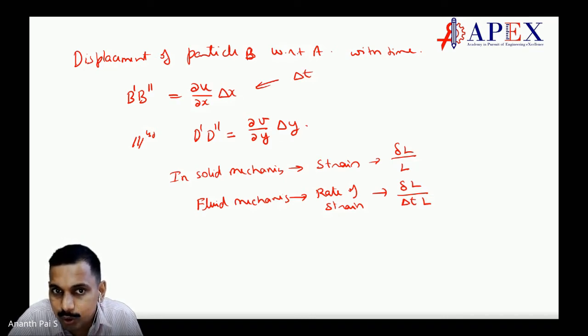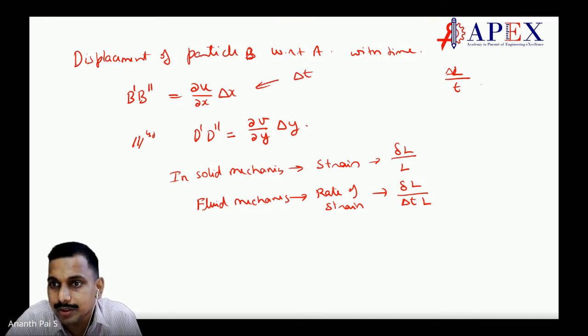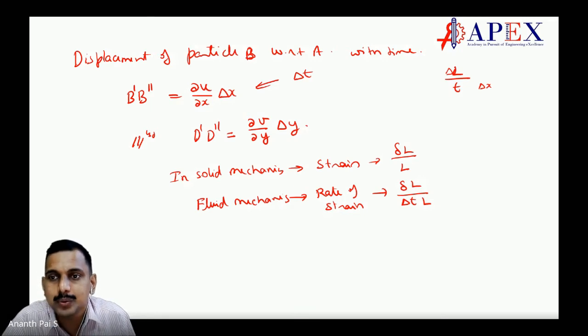U is L by T, and this delta X cancels. So this is change in length per time. We have to remove this delta X, so we divide by delta X to get a strain rate per unit time.